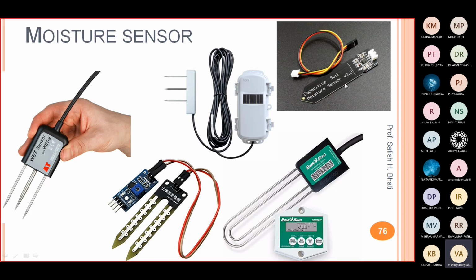Some have a single strip type of construction, some have a construction like the heater which we use to boil water. So different manufacturers produce soil moisture sensors in different ways, right?